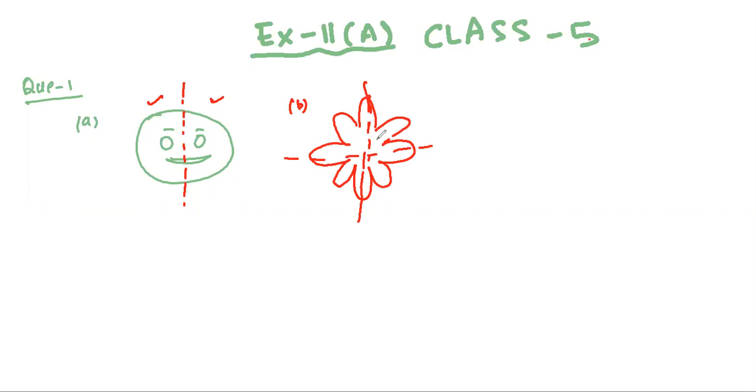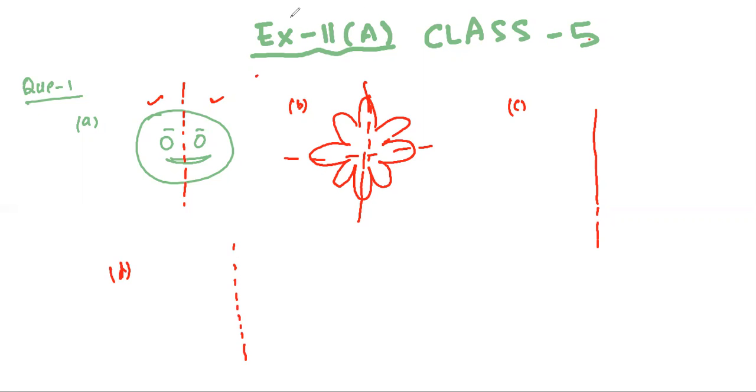So you have to draw two lines of symmetry. In the same way, in part C there is an ink bottle, so the line of symmetry will be like this. And in part D there is a traffic light, in which the line of symmetry will be only one, like this. So draw the line of symmetry in the book only. Don't draw these figures in your copy, just draw the line of symmetry in the book only.